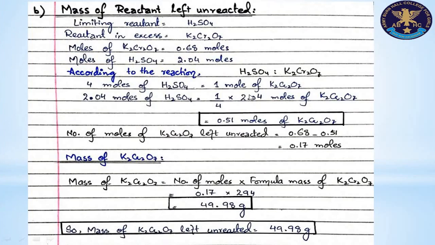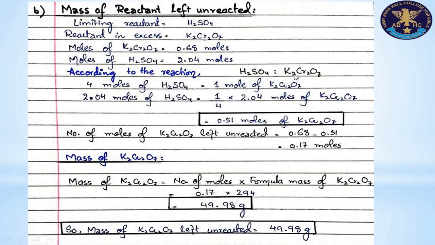In part A, we have calculated the limiting reactant, which is the sulfuric acid. So it means that potassium dichromate will be the excess reactant. We have also calculated the number of moles of potassium dichromate and sulfuric acid in part A. For the calculation of the excess reactant, potassium dichromate, we have to compare the limiting reactant with the excess reactant.